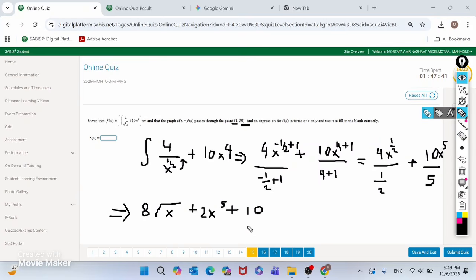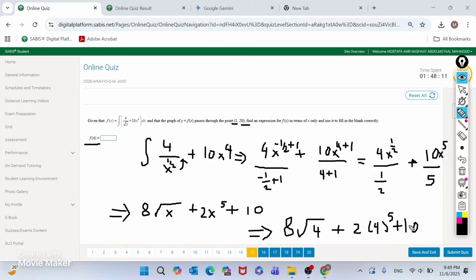Now, you put 4 in the x. So, yeah, let's put it down here. Should have done the same thing with the 1. But, you know. So, 8 radical 4 plus 2, 4 to the power of 5 plus 10.